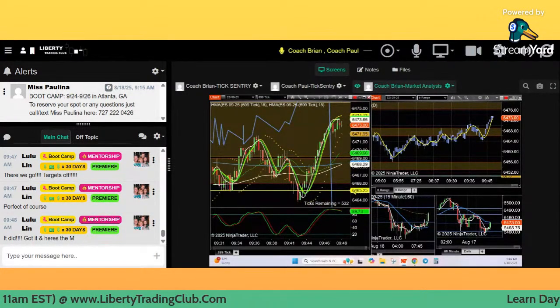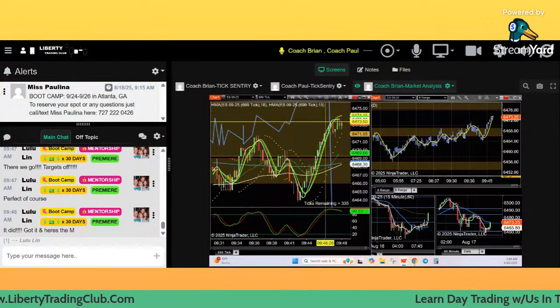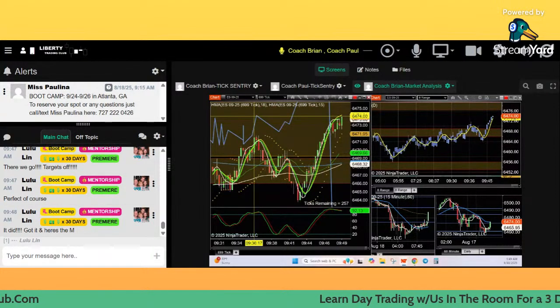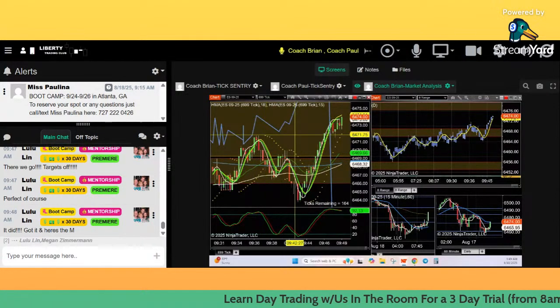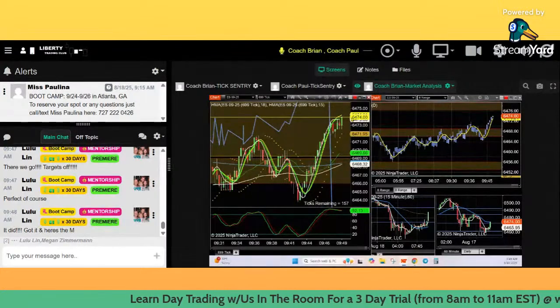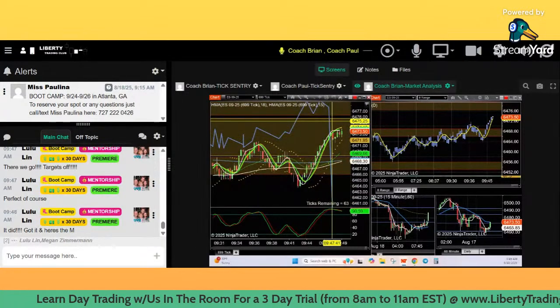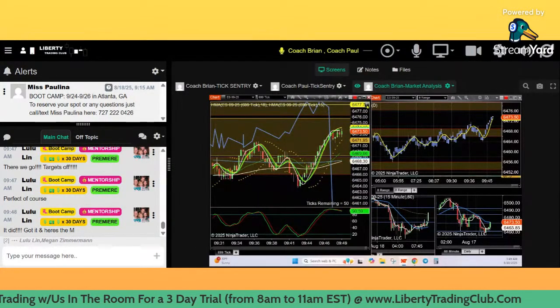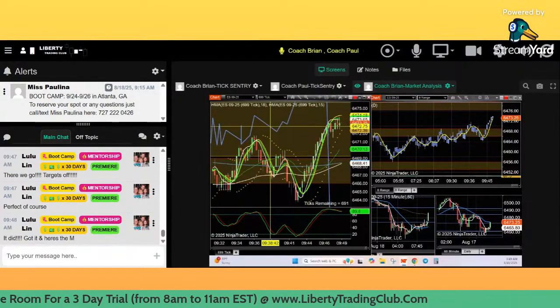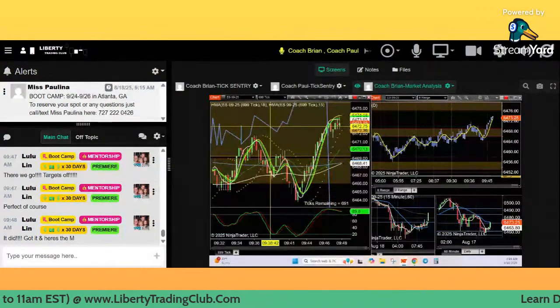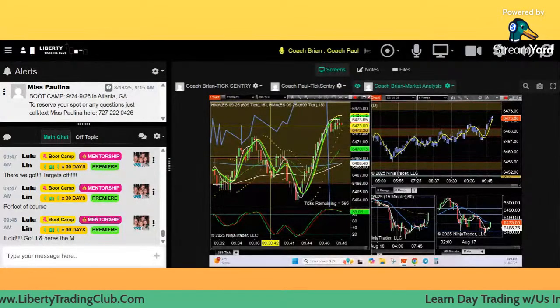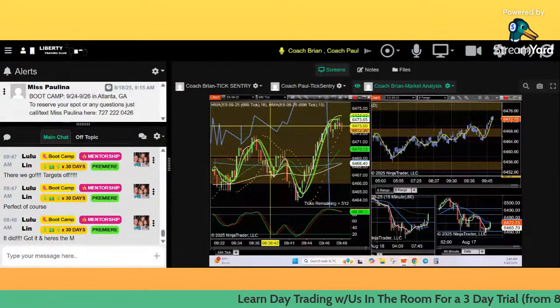So again, I knew this should be an area where we get a little pushback down. If that happens and we get up here on the ES and we see that nice little M pattern, I'm selling it. Do I need to keep this drawing on my screen? Is it helping anybody, the drawing? I know it's silly, but that's exactly what I want to happen, though. Just spread that drawing out a little bit.